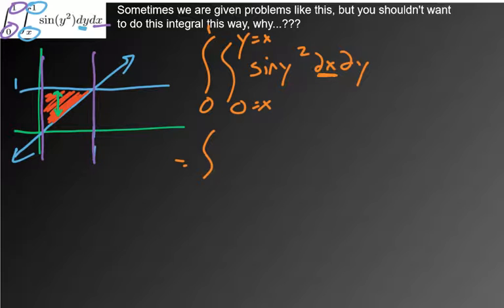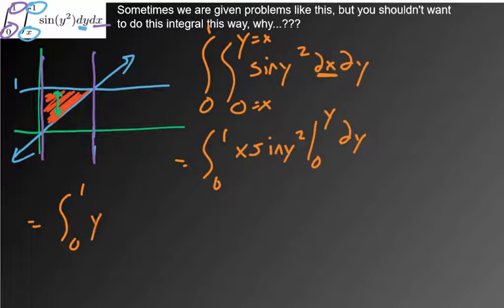So if you go and do this out, this whole inside is constant in x, so we can just do x sine squared y, and we'll plug in 0 and y, dy, and then we would get literally just y sine y squared dy.